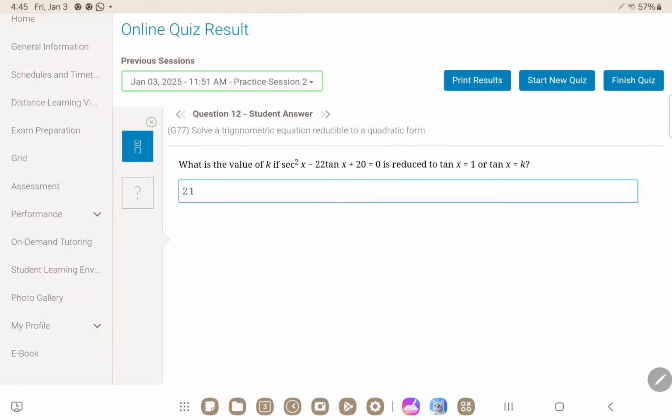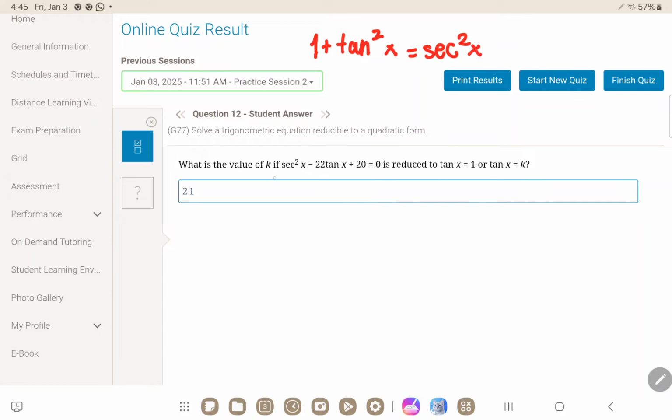Now let's move on. Here again we need to use the trigonometric identities, but here we have a different one. Here it tells us that 1 plus tangent squared x equals secant squared x.